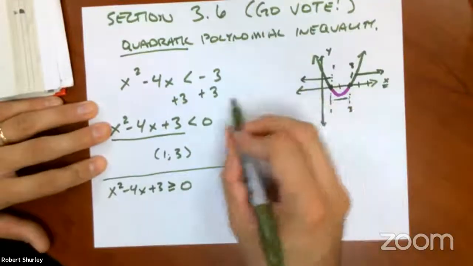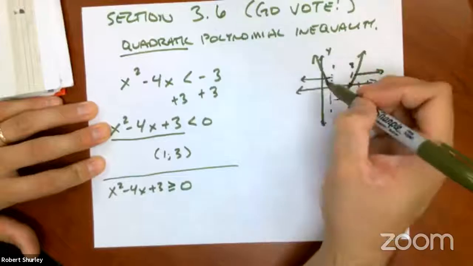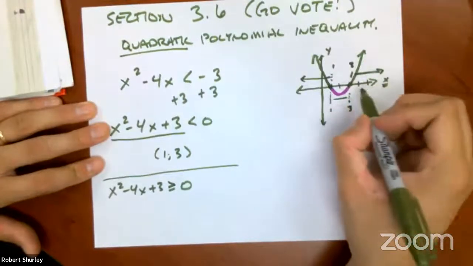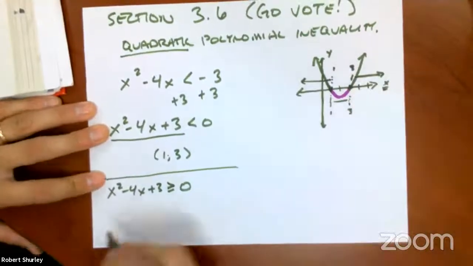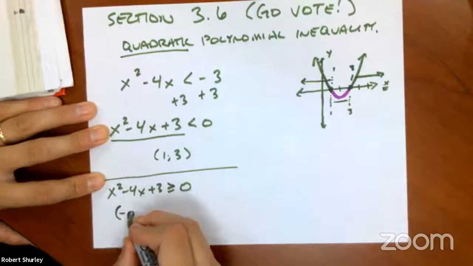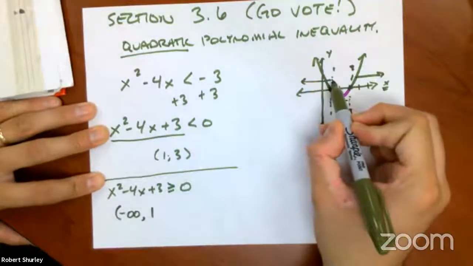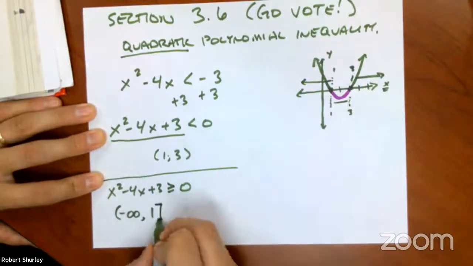So from negative infinity to 1, we're above the x-axis, and from 3 to infinity, we're above the x-axis. So to write that, I would say negative infinity to 1, and we're going to include the 1 because we can be equal to 0 here, so we have to use a bracket, it's inclusive.